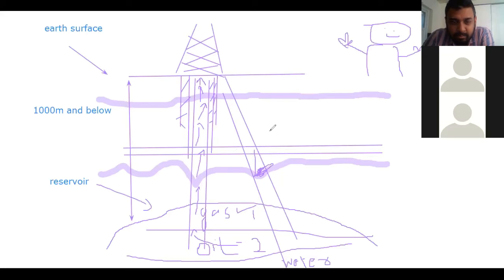One question, like before starting anything like drilling, how do you know that places have oil or gas? Yes, yes. In that regard, there are the geology and the geophysics departments. They do the exploration survey. What they actually do is a dynamite blast. When they do the dynamite blast, it creates sound waves.